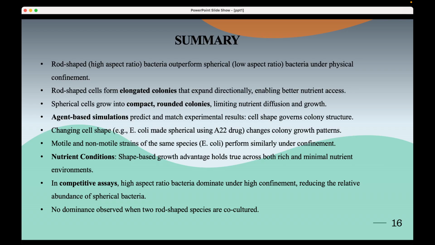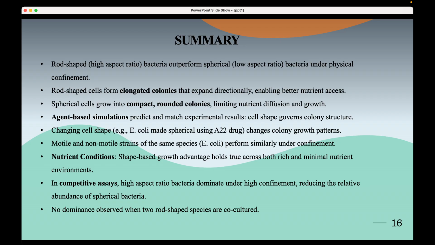These findings are not only relevant for understanding gut microbiomes, but also for developing better probiotics and microbial therapies.